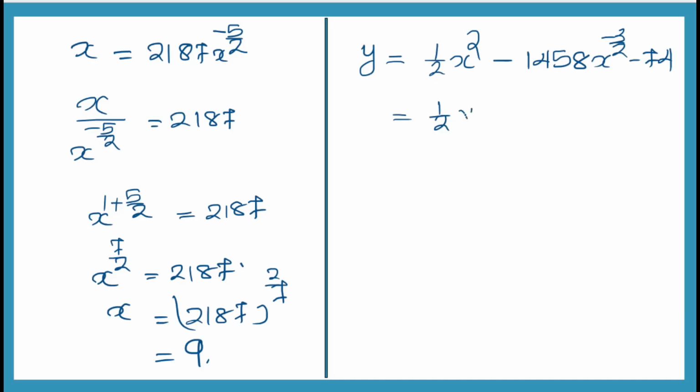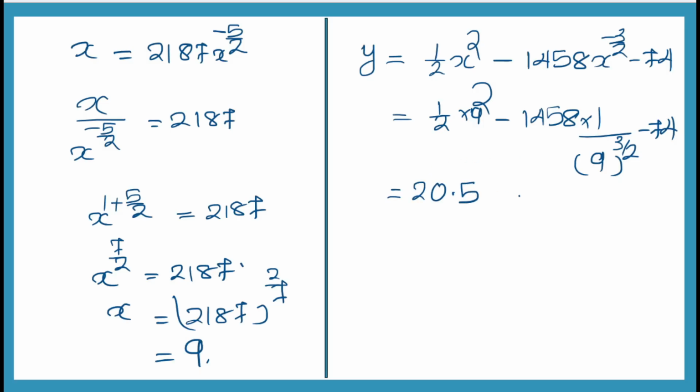That is 1 by 2 times 9 square minus 1458 times 1 by 9 to the power 3 by 2 minus 74. Now that equals 20.5.